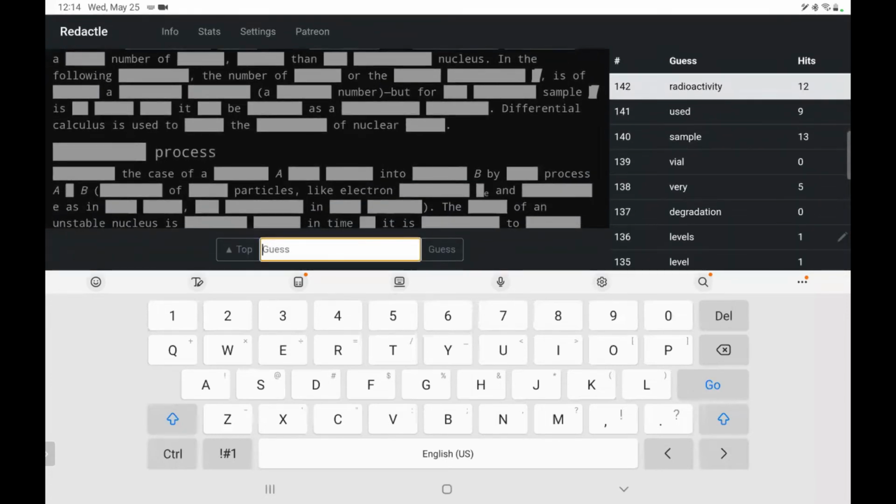Is used to, I guess, what's that short verb there? Differential calculus is used to identify amount.